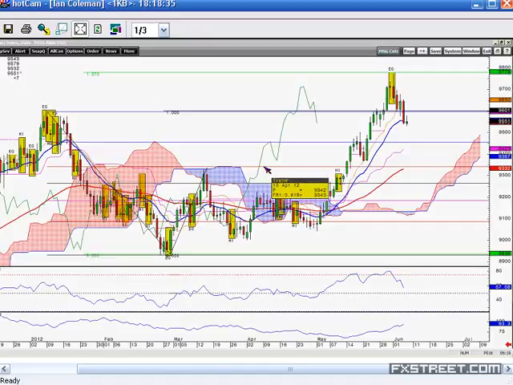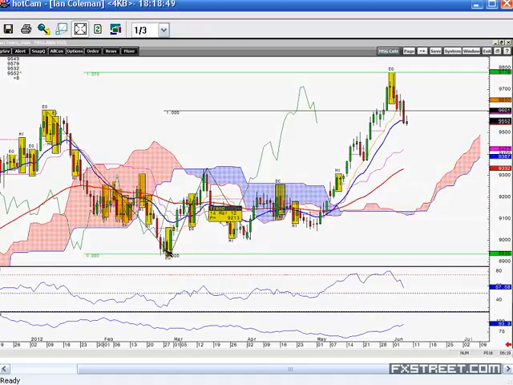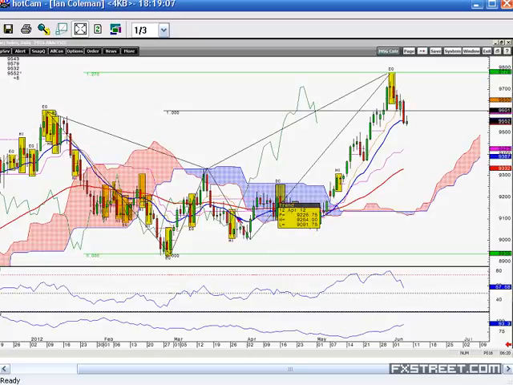Now this red line is 61.8%, 93.43, and we made a 93.37 top, so I'm not going to argue too much with that one. Then we get the move back down, but it has to make a higher low. This move should be around 78.6 or 88.6 of this move. And then we get this aggressive move higher here, and that in effect makes the butterfly pattern.